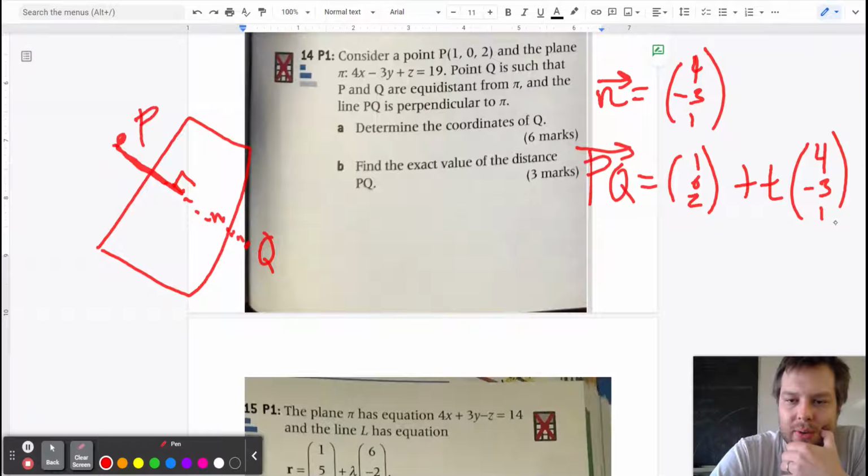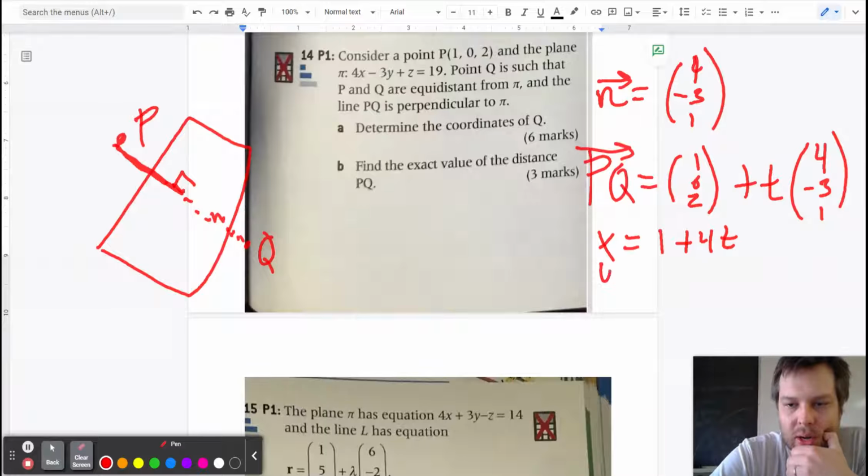What I'm going to do next is parameterize that: x equals 1 plus 4t, y equals 0 minus 3t, z equals 2 plus t.